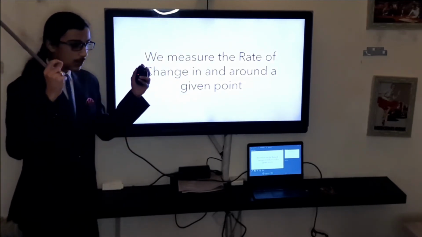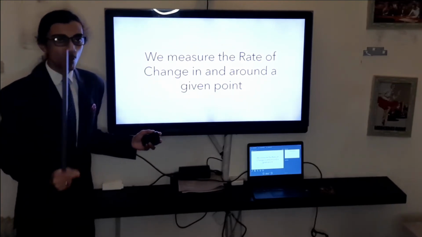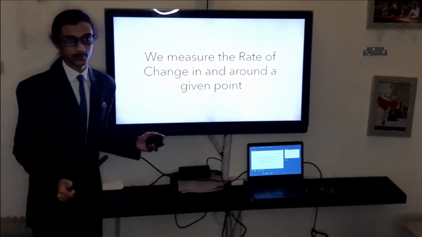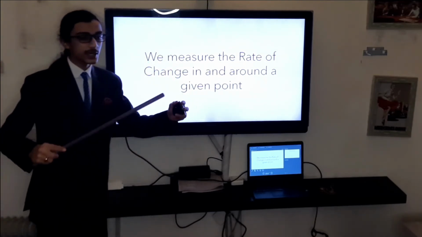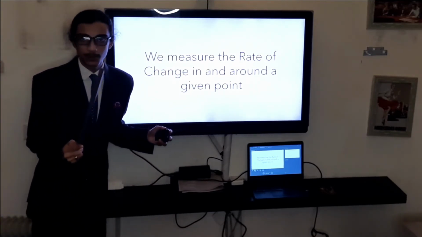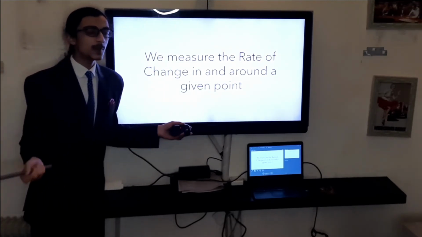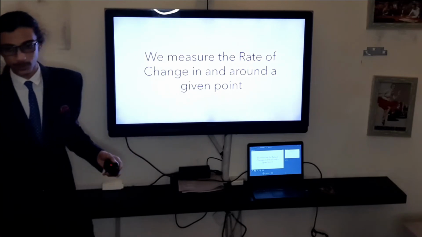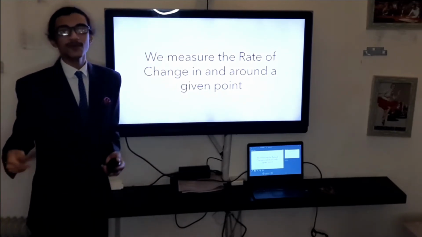So now you might want to think about what this function's output would be. Well, it's going to be the rate of change in and around a particular point. Rate of change is different for different points. Normally we measure rate of change between 2 points, between x2 and x1. But if the rate of change itself is changing, we can't do that anymore.